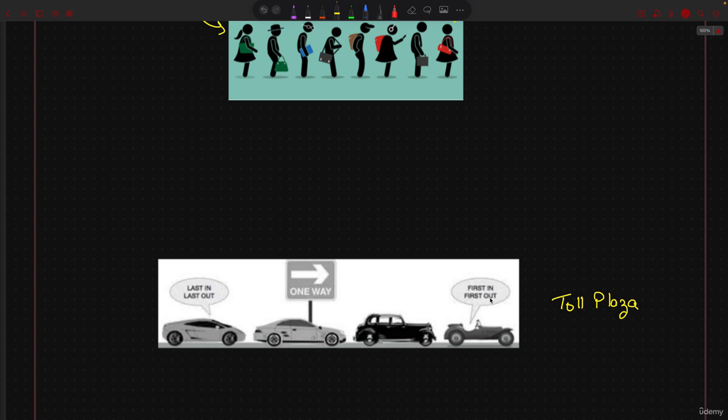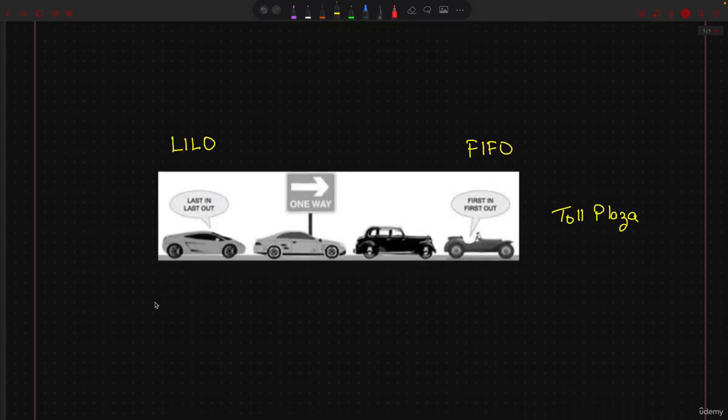The thing which is coming in first is the one which goes out first. So we also say that it's a FIFO kind of data structure. Similarly, we can also say LILO, last in, last out, though we will majorly be using FIFO only, everyone. So what I can write is that Q is a FIFO data structure.